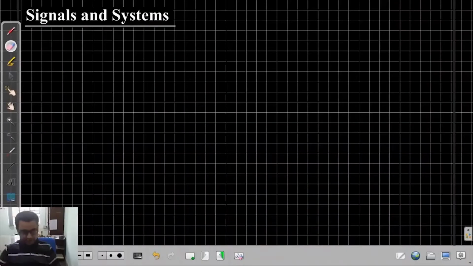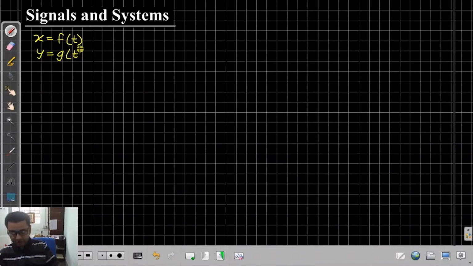You are definitely familiar with the concept of a function, like you may write x equal to f of t, some function of time, or y equal to some other function of time, g of t, where this alphabet t stands for time. Such functions which depend on time are called signals.